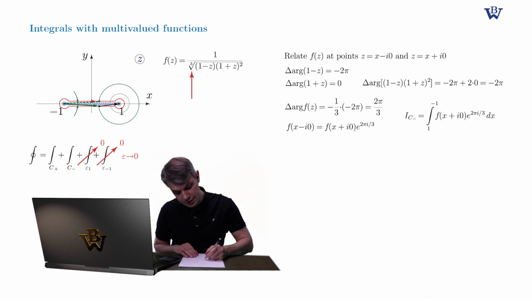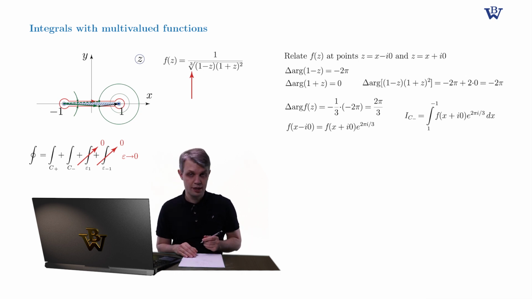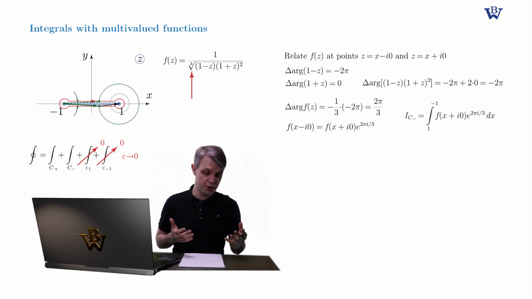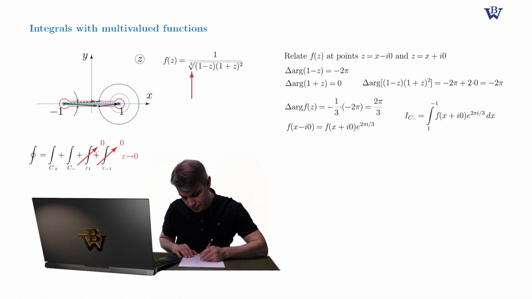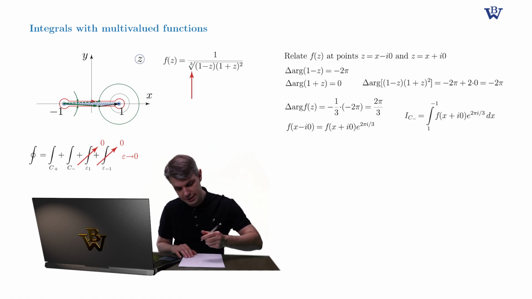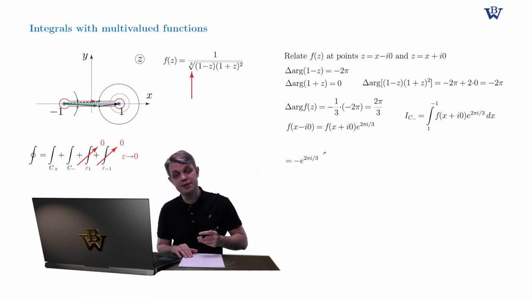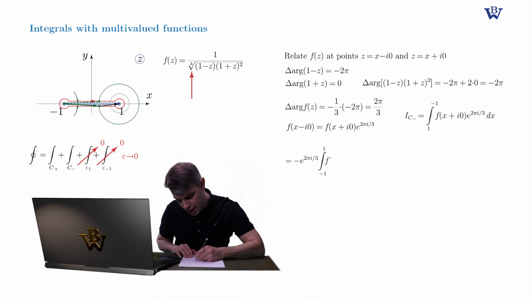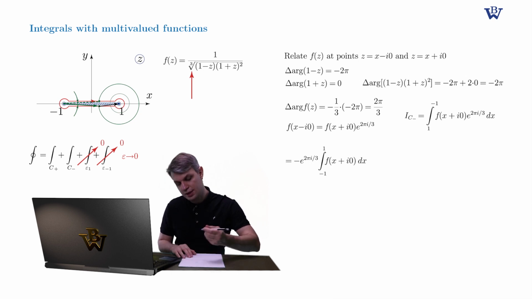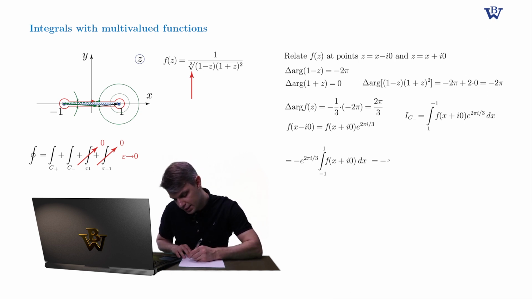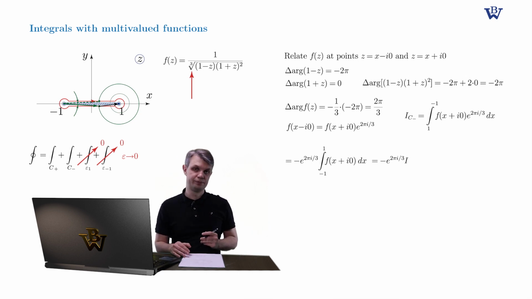Now factoring out this constant factor and changing the limits of integration into a more natural one, thus earning an additional minus sign, we get minus e to 2 pi I by 3 times the integral from negative 1 to 1 of f of x plus I0 dx, which is nothing but minus e to 2 pi I by 3 times the initial integral.